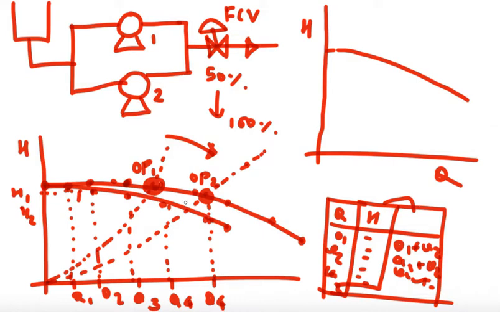That means when you are operating on the right side of the pump curve from the BEP, let's say BEP is here, then it depends on how much throttling you are using for your FCV, because you need a higher opening of your FCV to operate the pump toward the right side of the pump curve.